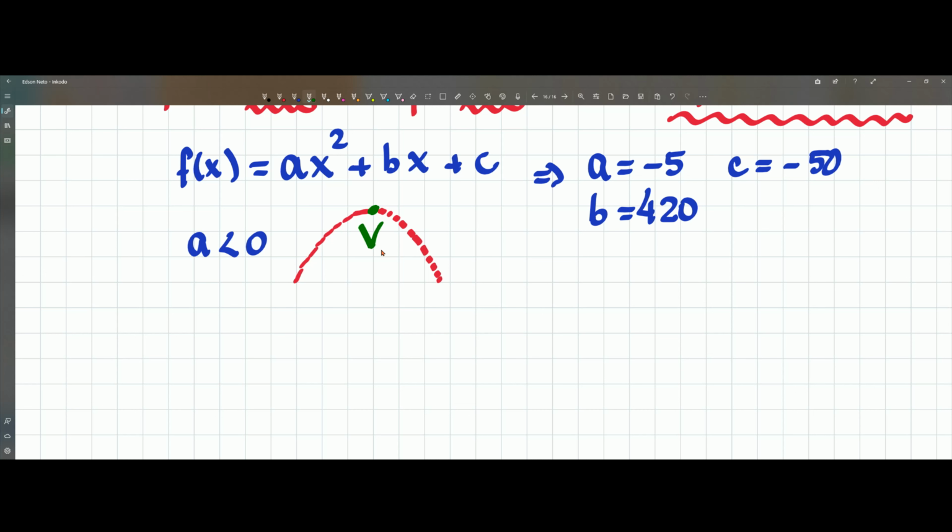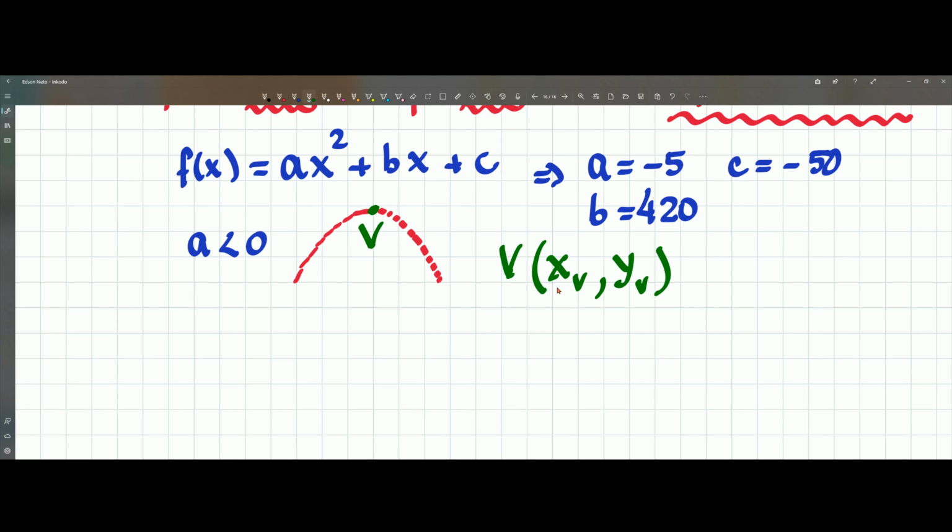Well, we have two expressions that characterize the vertex. First of all, the vertex is a point and has coordinates, in this case, x of v and y of v.